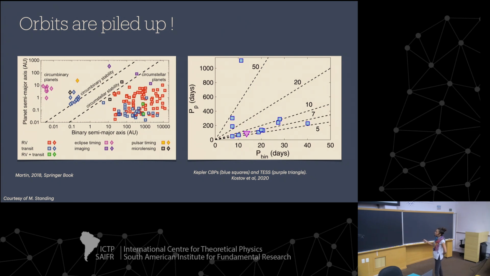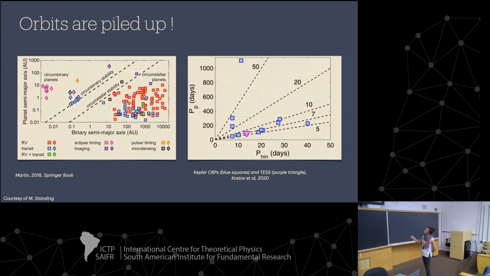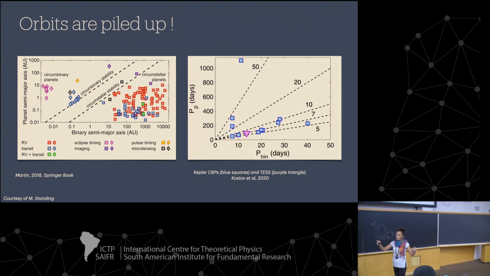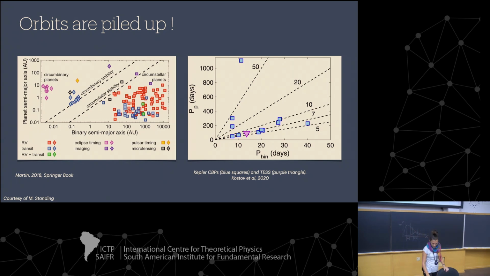Later on, in 2020, they did this with new data, and they saw that the exoplanets are basically lying on these lines. This is 5 times the binary period, and this is 7 times the binary period, which is more or less what was expected from the stability limit criteria. So what we understood is that they form far away, then they migrate, and then they stabilize around the stability limit.